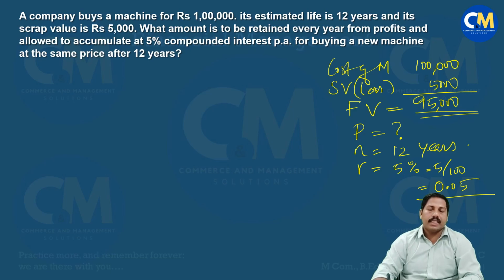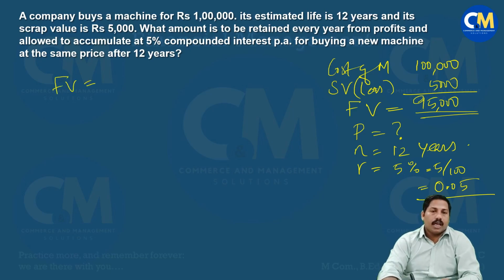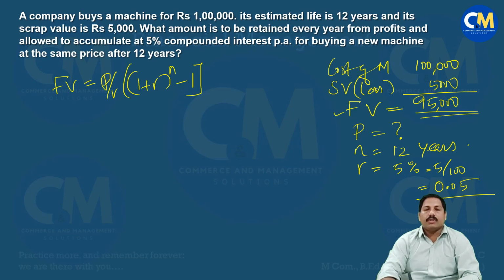If it is not mentioned, we consider it as normal annuity. In the case of normal annuity, future value is equal to P divided by R into 1 plus R raised n minus 1. This is the formula to calculate the future value. Here the future value is already given, 95,000. N is given, R is given. Using this information, we need to calculate the P value.